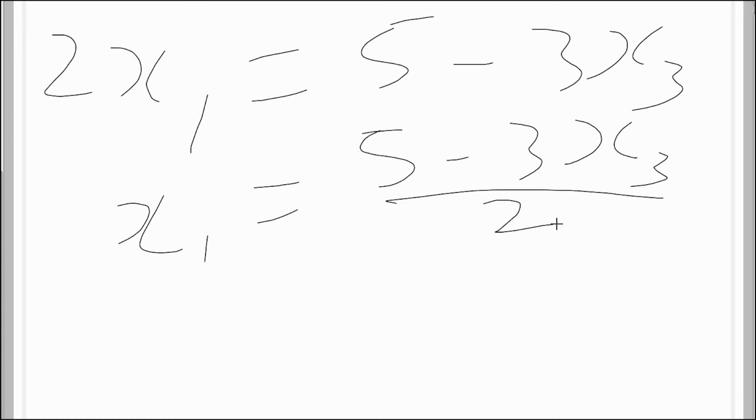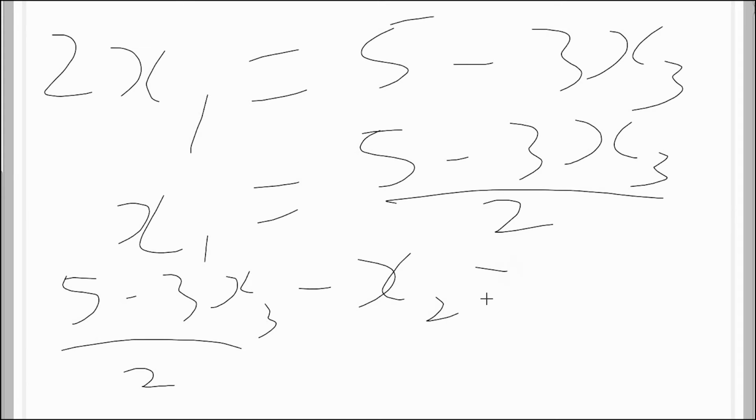So having that now, we can bring this into equation 1 or 2 to get our x2, for example. So our x2 will now be, (5 minus 3x3) over 2 minus x2 plus 2x3 is equal to 2.